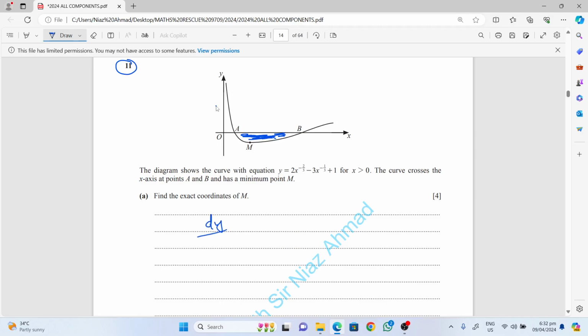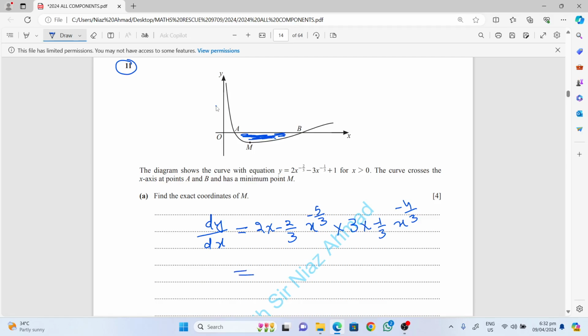So the derivative dy by dx will be equal to 2 times negative 2 by 3 x raised to the power minus 5 by 3, multiplied by negative 3 times negative 1 by 3 into x raised to the power negative 4 by 3.